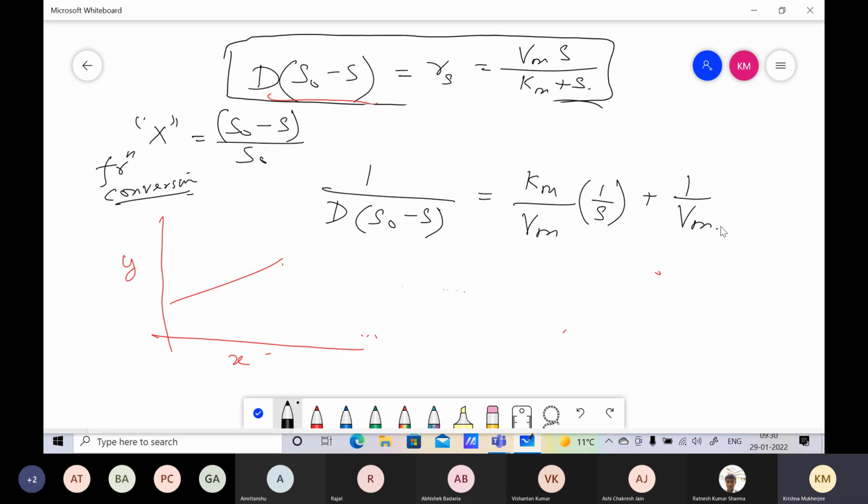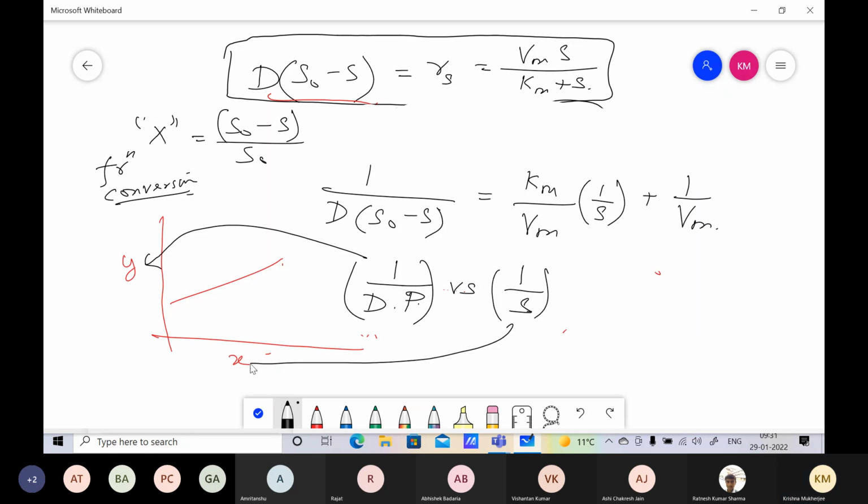Are you getting this? I just reversed it. So you will plot 1 upon dP, which is this, versus 1 upon S. So this will be this, and this will be this, and your slope will be this, and your intercept will be this.